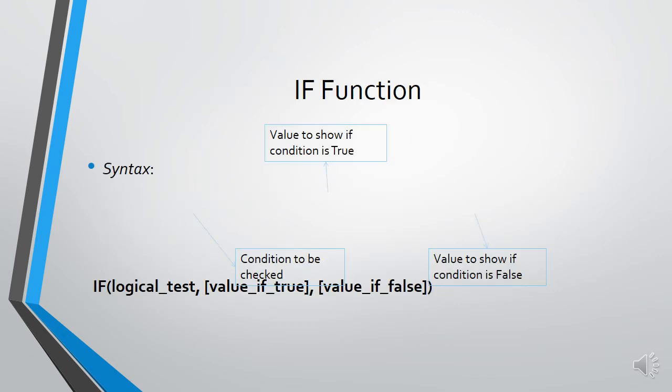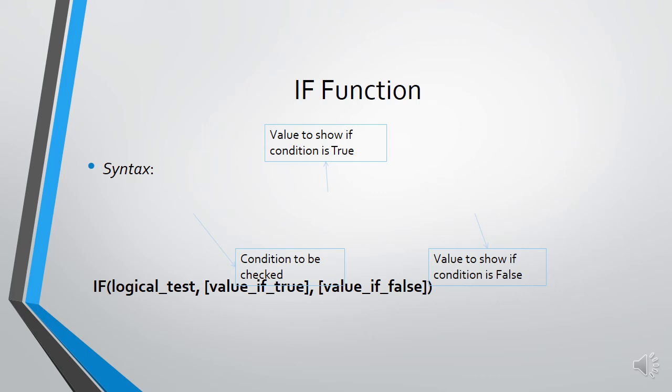This is how it is done in Microsoft Excel. We have got the IF function. It starts with the word IF, and what you put inside the open brackets are called the parameters. The logical test is the condition that we want to be checked for. Then we separate the parameters that are needed in the function by commas.